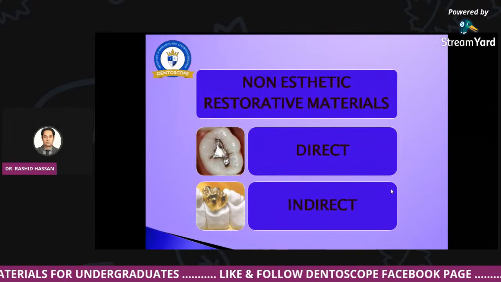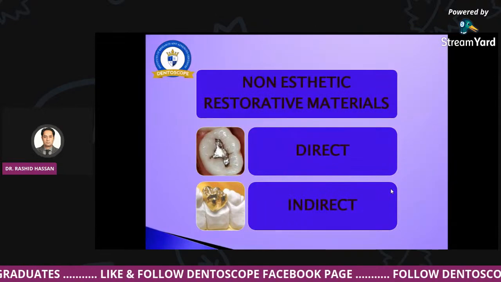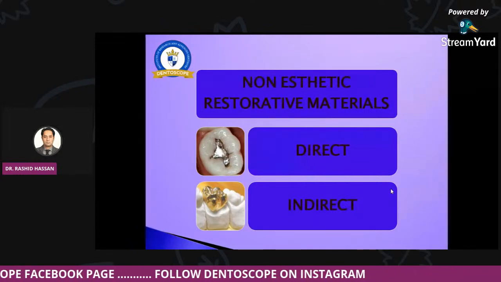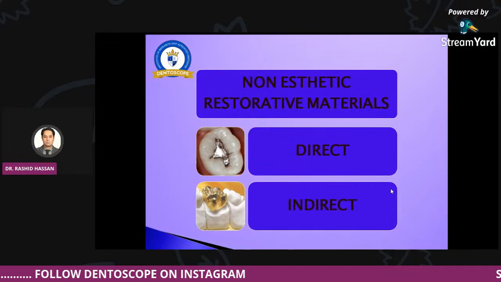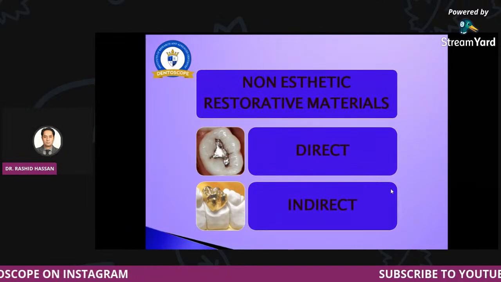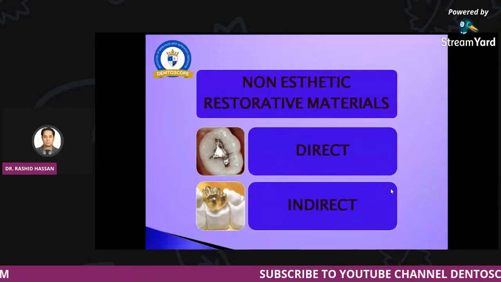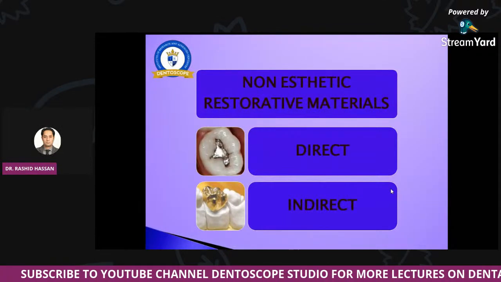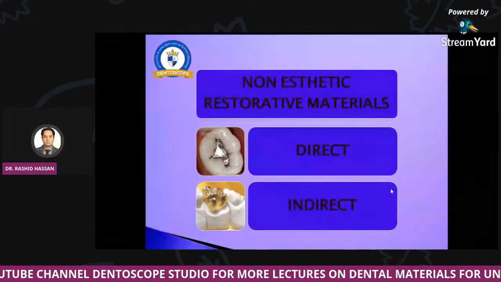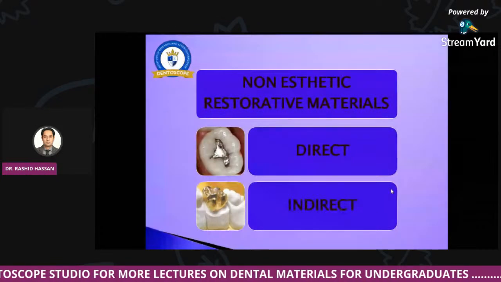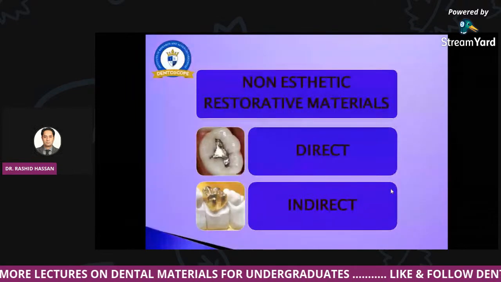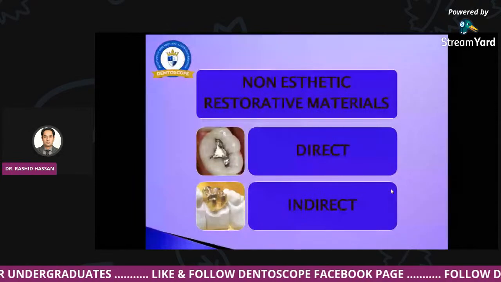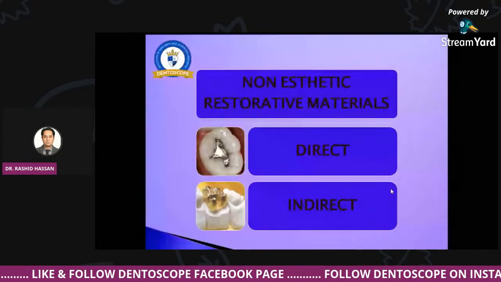Then non-aesthetic restorative materials can also be divided into two types, direct and indirect. As I told you, if the restoration can be fabricated or inserted into the patient's mouth directly without involving a dental lab, that is a direct non-aesthetic restorative material. For example, dental amalgam, which is present in your dental surgery, although it is not used these days because of certain reasons, but it's an example of a non-aesthetic restorative material which could be directly fabricated in the patient's mouth.